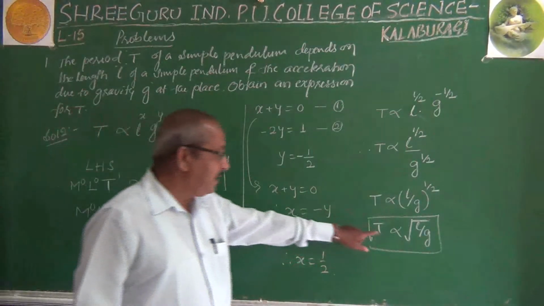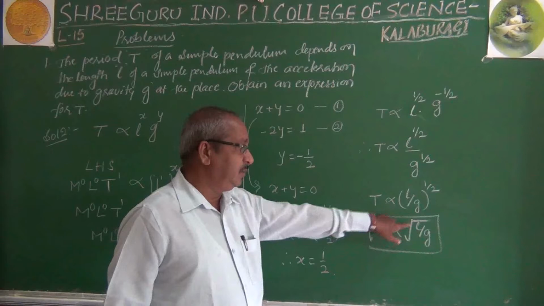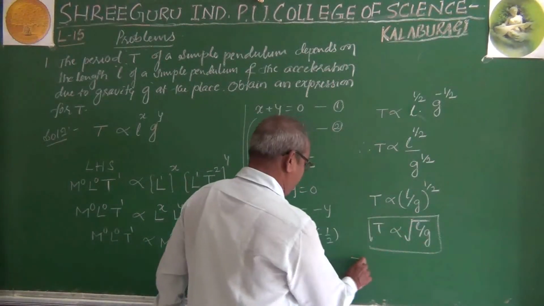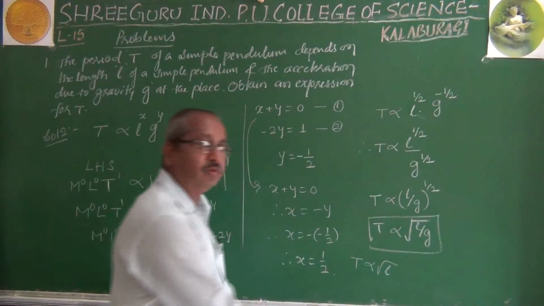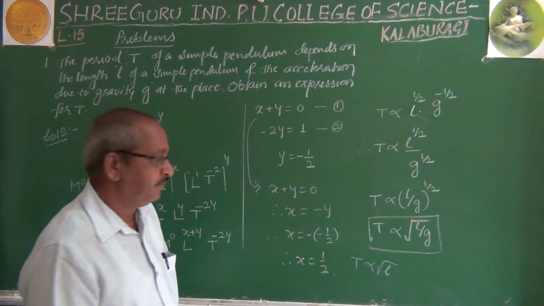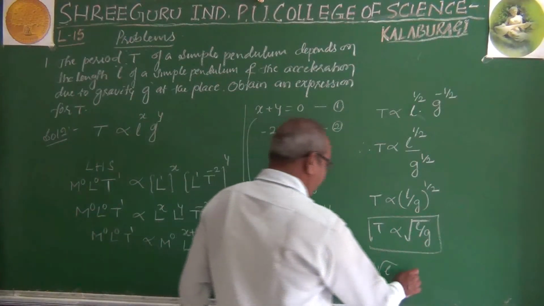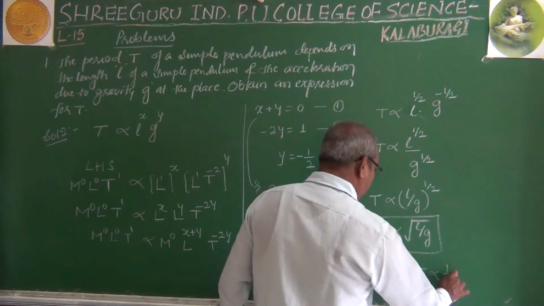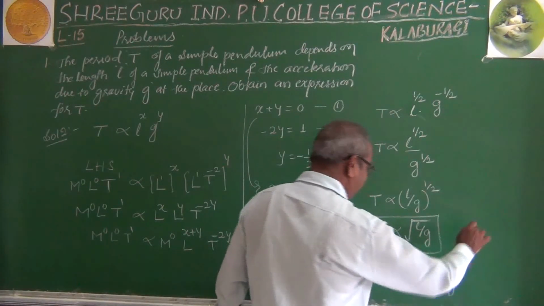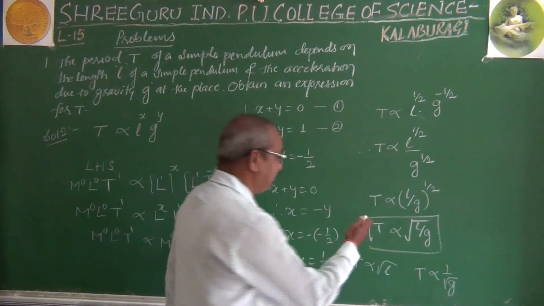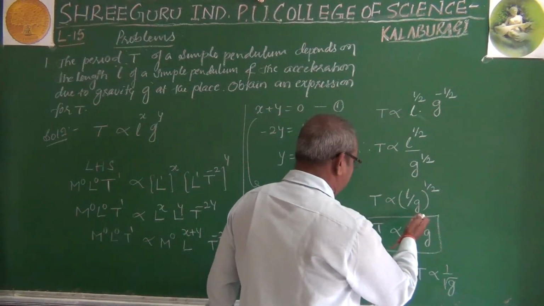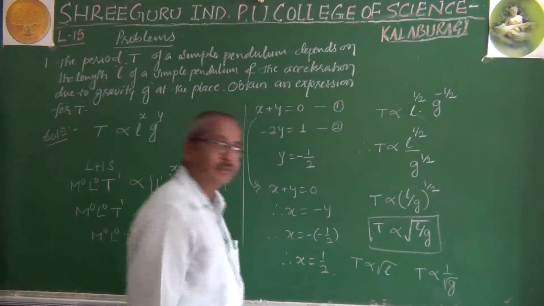The time period is directly proportional to the square root of length, and inversely proportional to the square root of acceleration due to gravity. This is the relation between time period and length with acceleration due to gravity.